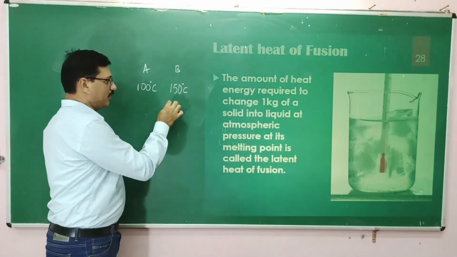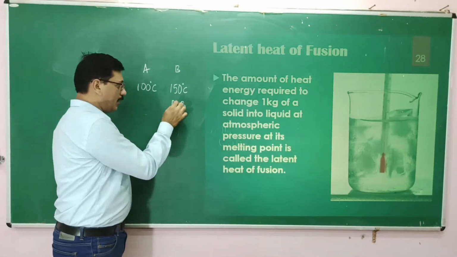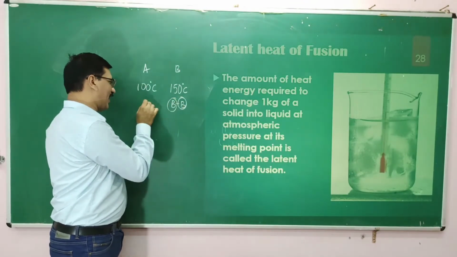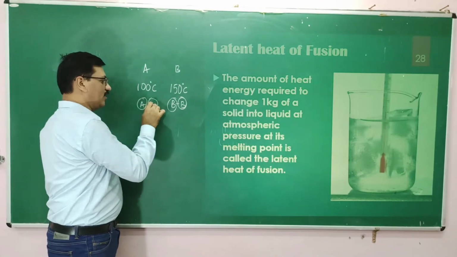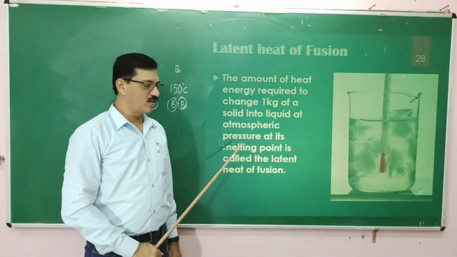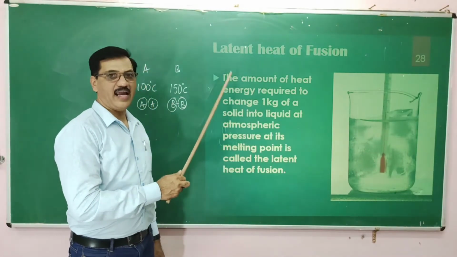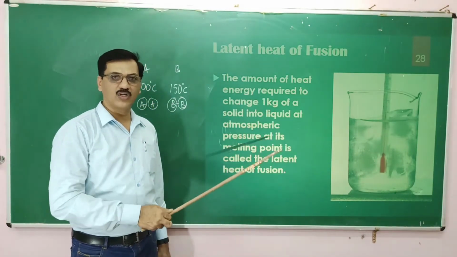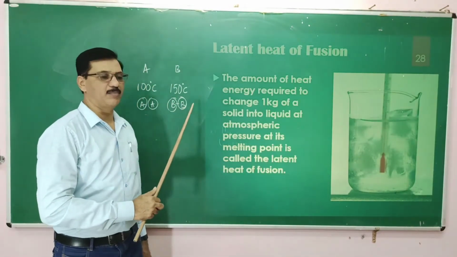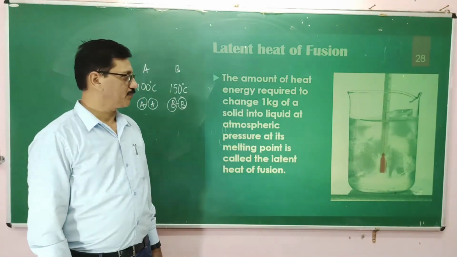It shows that B particles are held strongly. Between two particles of B, there is a stronger attraction than between two particles of A. Therefore, latent heat and boiling point both speak about the kind of attraction between the particles of matter.